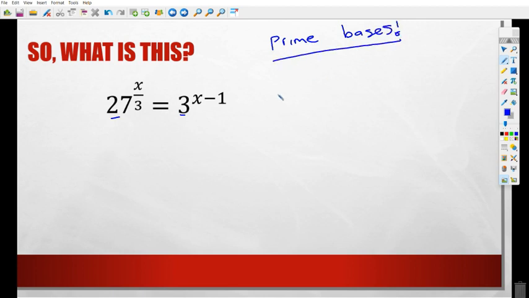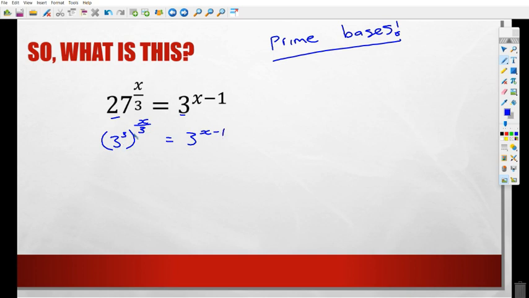Always. When I'm dealing with my exponent questions, get those prime bases. So 27 is not a prime base, but I know that it's 3 to the power of 3, in a bracket, and outside the bracket, x over 3, equal to 3 to the power of x minus 1.